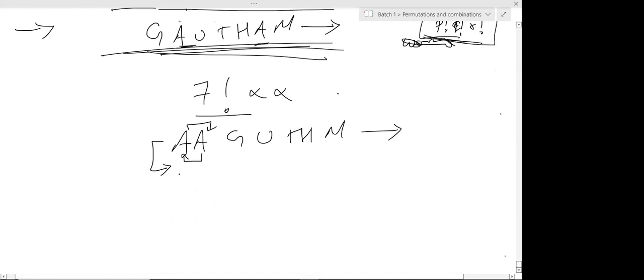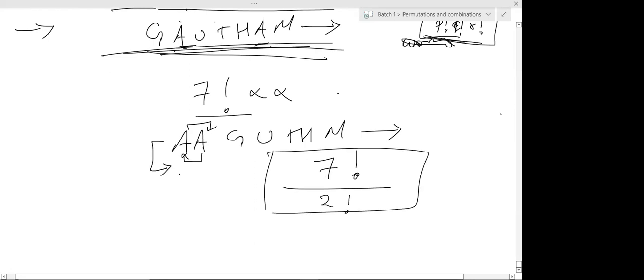What this means is, see here we had 7 letters. So 7 factorial as Shabya mentioned, but because A was 2 times, so I'll divide by 2 factorial. Is it clear, Shabya? Yes, sir. Okay.